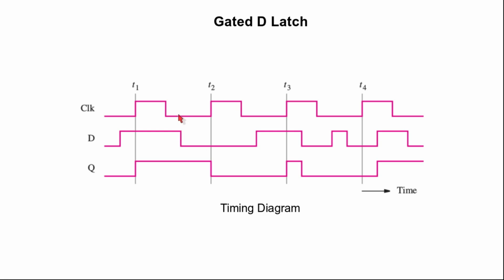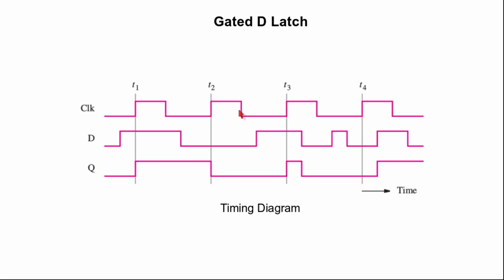That's because clock input is 0. The clock input becomes 1 again at time T2. So at time T2 we'll see that Q is changing from 1 to 0. That's because at time T2 D is equal to 0. So whatever is the value of D, that would be the value of Q when clock is 1, and hence Q is changing to 0.